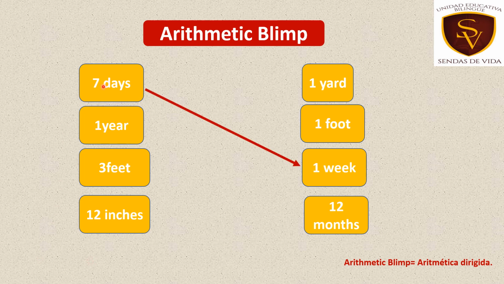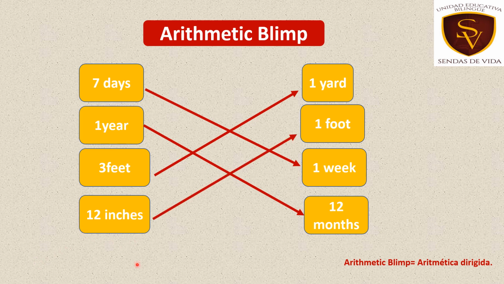Good. 7 days goes with 1 week. 1 year, 12 months. 3 feet, 1 yard, and 12 inches, 1 foot. Good. This is how we have to remember the measurement. Well, in this case, talking about yards and feet. These ones talk to us about measurement.